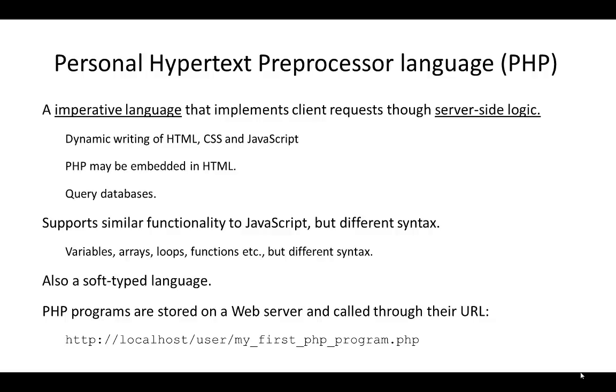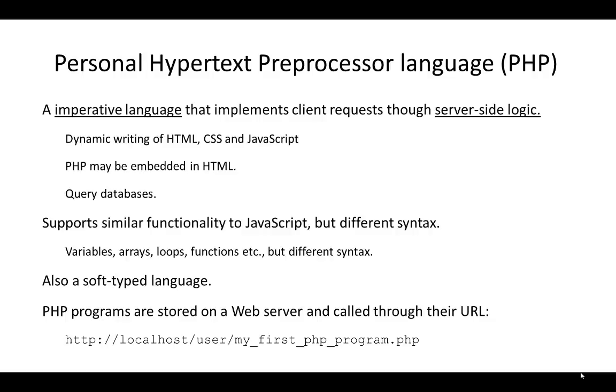Most languages do pretty much the same kinds of things, but they do it in slightly different ways. So PHP has variables, arrays, loops, functions, etc., but the syntax is slightly different. I often find myself writing a JavaScript program and suddenly drifting into PHP, then I write a bit of Python, then I have to debug it and sort out what language I'm meant to be writing it in.